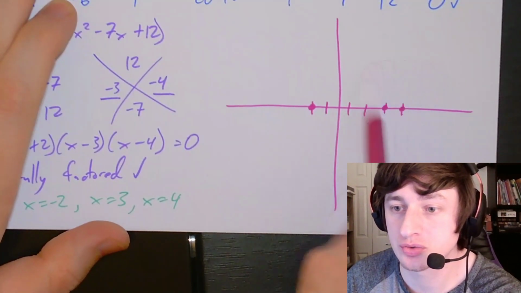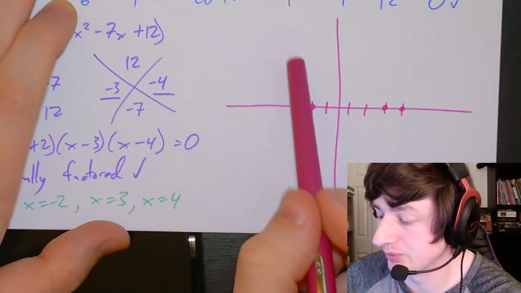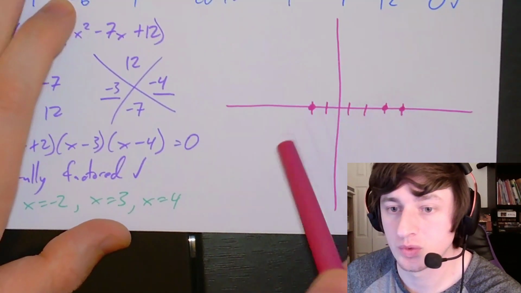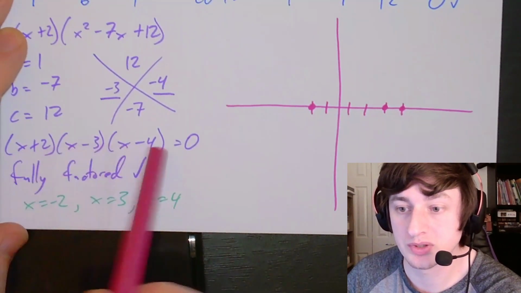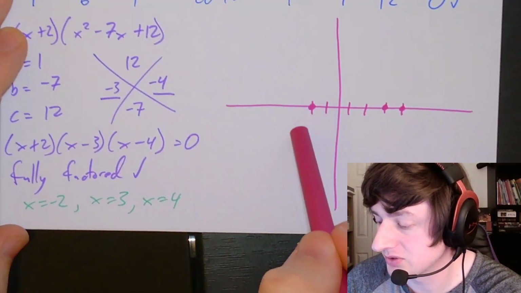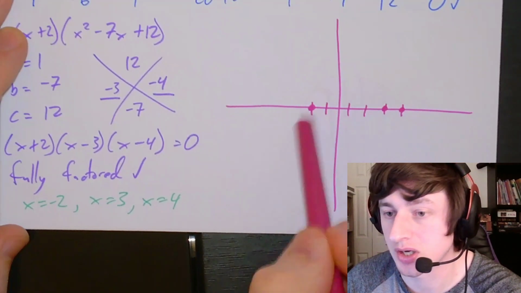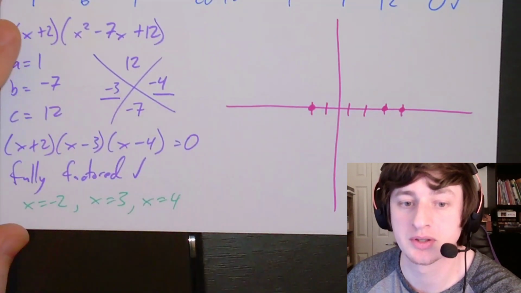We just care which direction does the graph move through these. We don't have a multiplicity. None of these are squared or duplicates. And so the graph is going to cross through each of these each time. We just need to figure out what direction is the graph going.